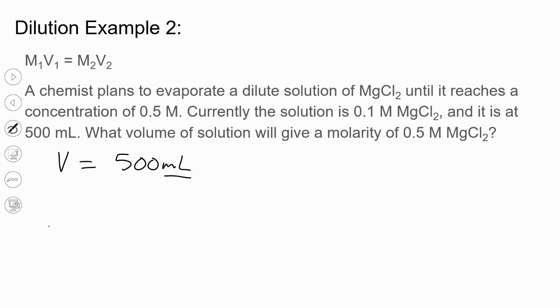Very good. Okay, so let's do the math, the pattern. Currently the solution is at 0.1 and is at 500 milliliters. So these two go together. They're talking about the same solution.